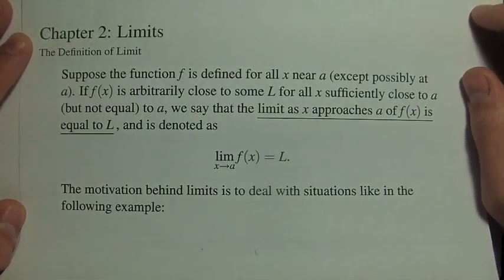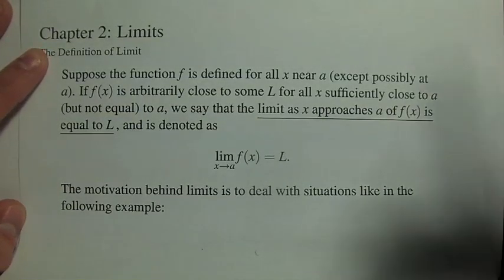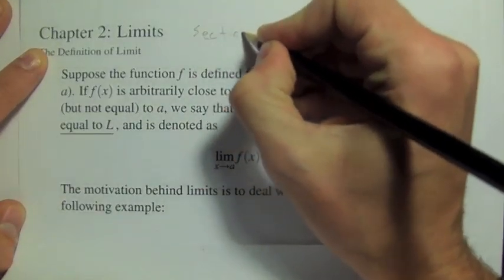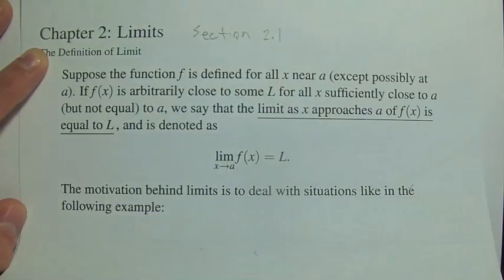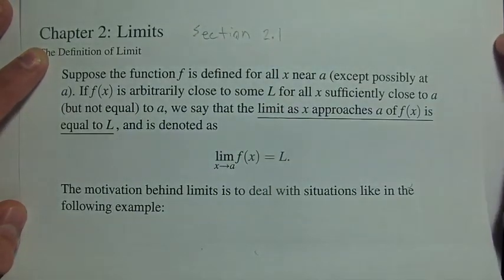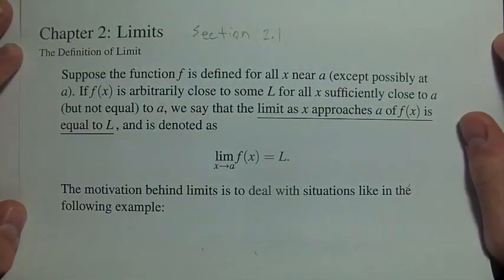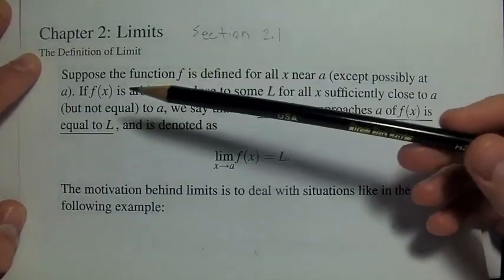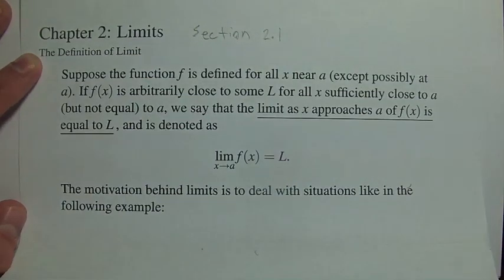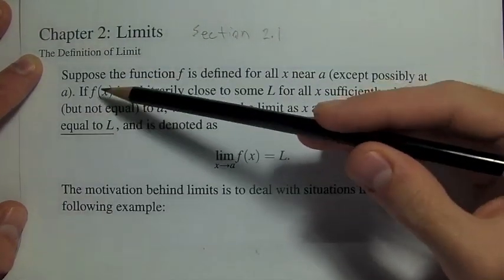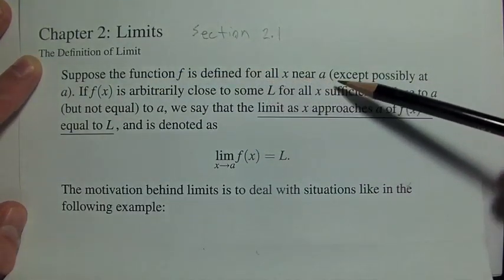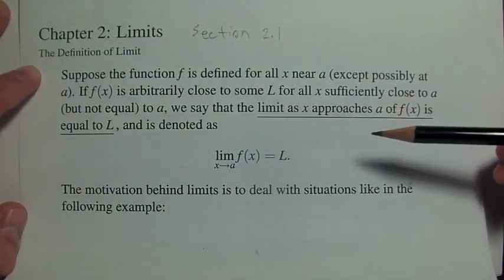So here we are, starting with section 2.1, with the official boring book definition of the limit. We'll give it in more layman's terms after this. Suppose the function f is defined for all x near a, except possibly at a.